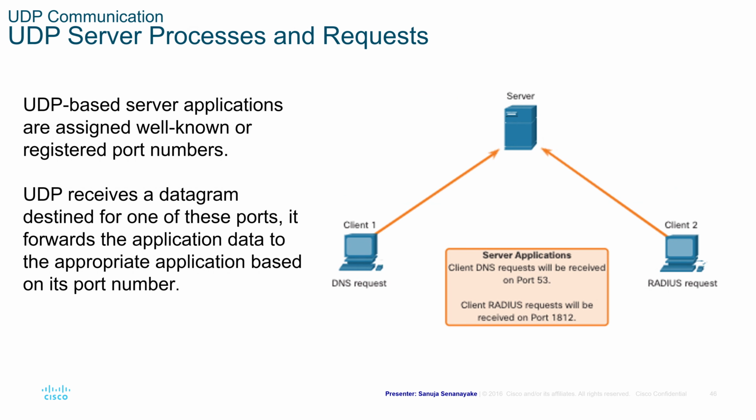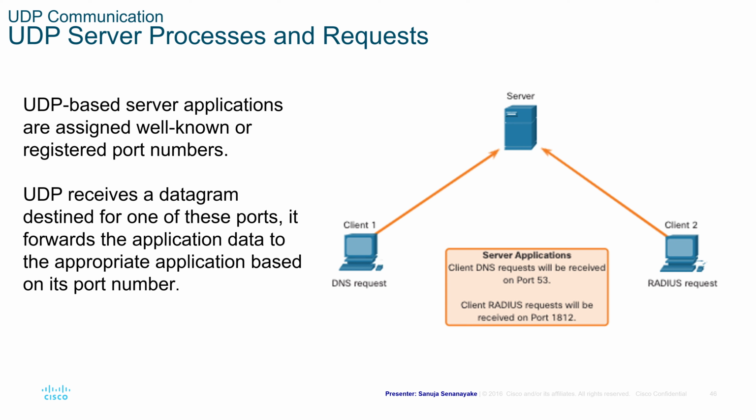UDP server processes and requests. UDP-based server applications are assigned well-known or registered port numbers. When UDP receives a datagram destined for one of these ports, it forwards the application data to the appropriate application based on its port number. So those are two important concepts. Remember, we've discussed the well-known ports versus registered ports versus the other available ports.